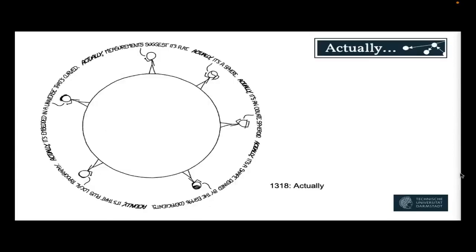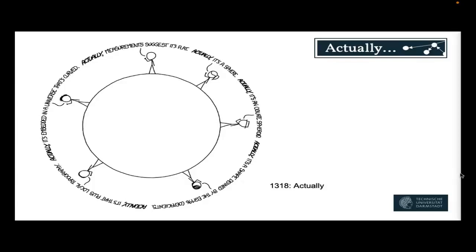And I just want to conclude this section with, I think, a perfect one. This is comic 1318, titled Actually, which really just tells you that you can win every argument by just being one level more specific than the one before you. For example, this person is saying, actually, measurements suggest that our Earth is flat. Then actually it's a sphere.